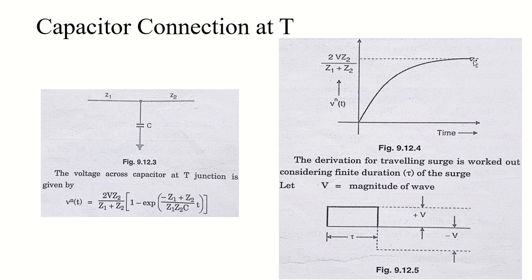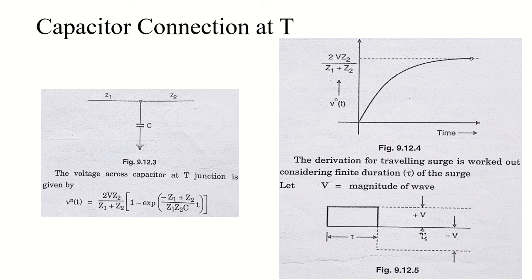So we are having a value something like this. Now this is the magnitude, and this is the tau, the finite duration which I was talking about. This is the magnitude of my voltage on the positive side, and this is the negative magnitude of voltage, right?